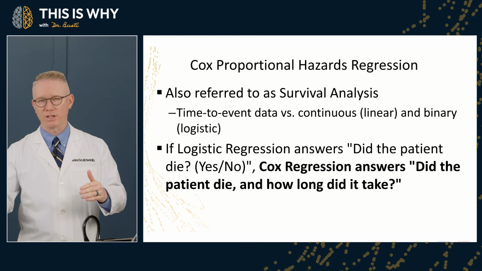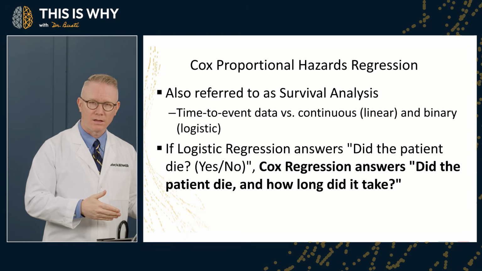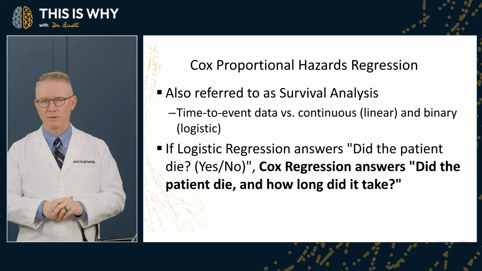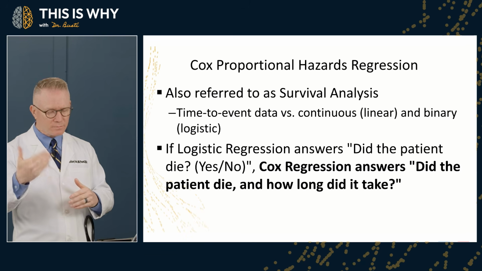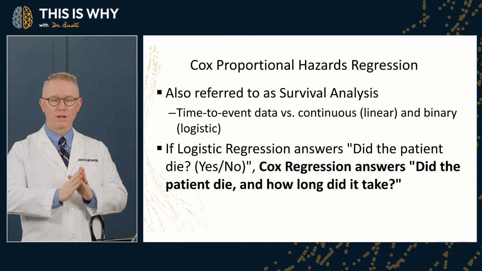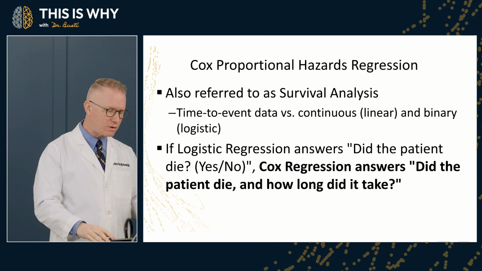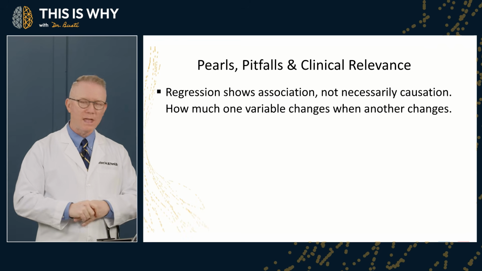And Cox regression says, did the patient die, but how long did it take for that to happen? And that's where you see survival curves that are based on time to an event. Okay, so it's another part of that regression.